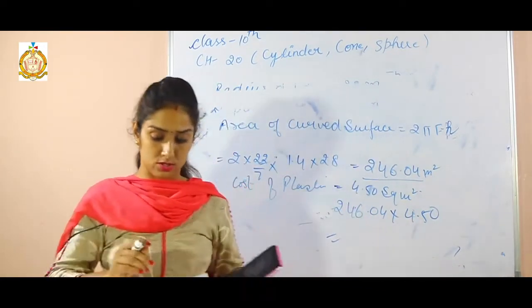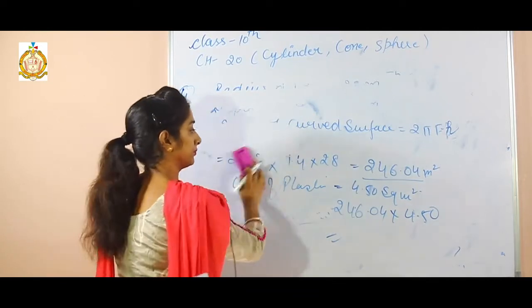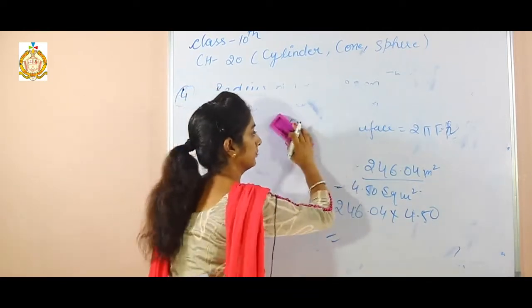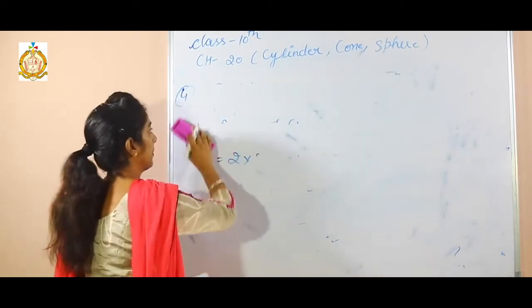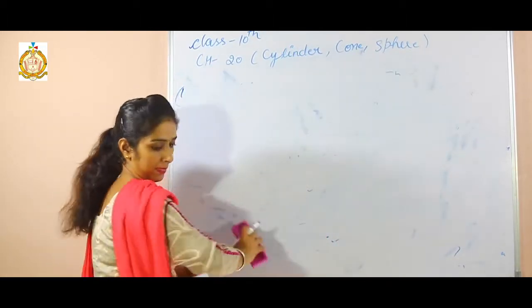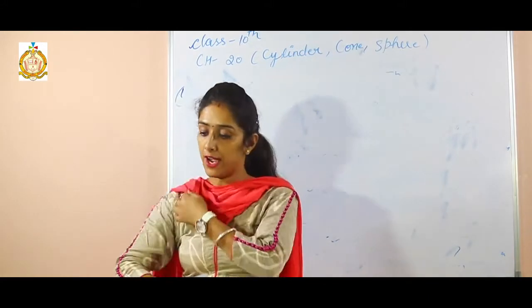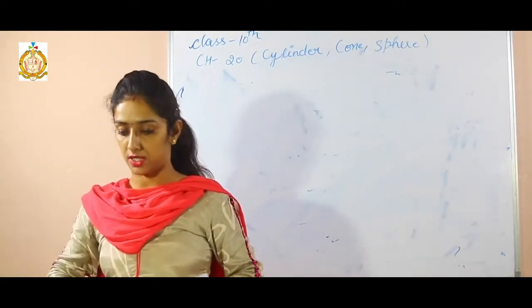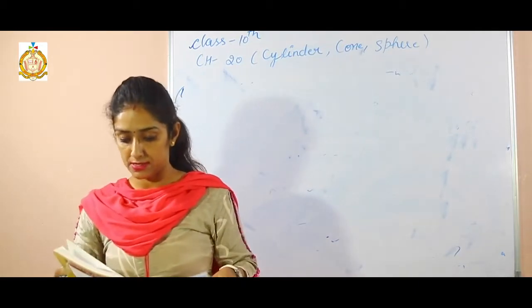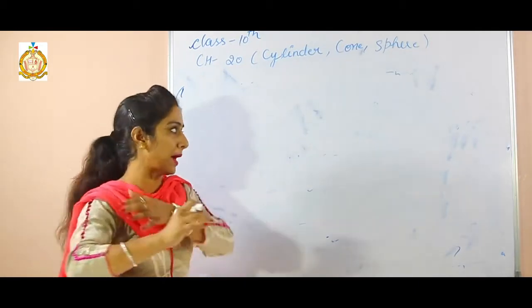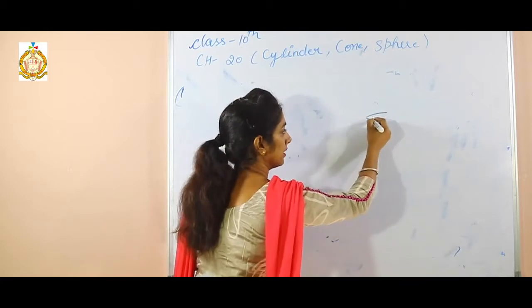Now come to the next question. Find the total surface area of an open pipe of length 50 centimeter. Now there is a pipe, right, like this.